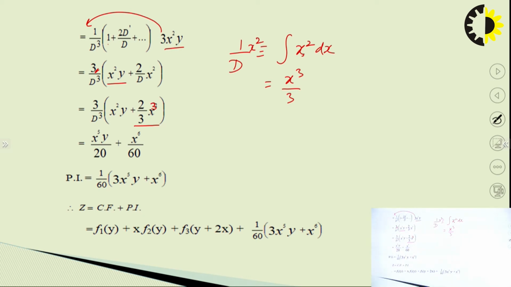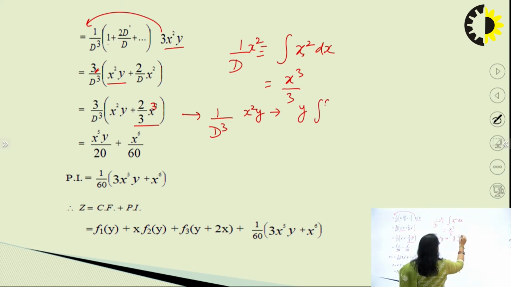Okay. So now further, in this entire expression, 1 upon d cube applied to x square y, y will be considered as constant. This gives me y times integration 3 times of x square.